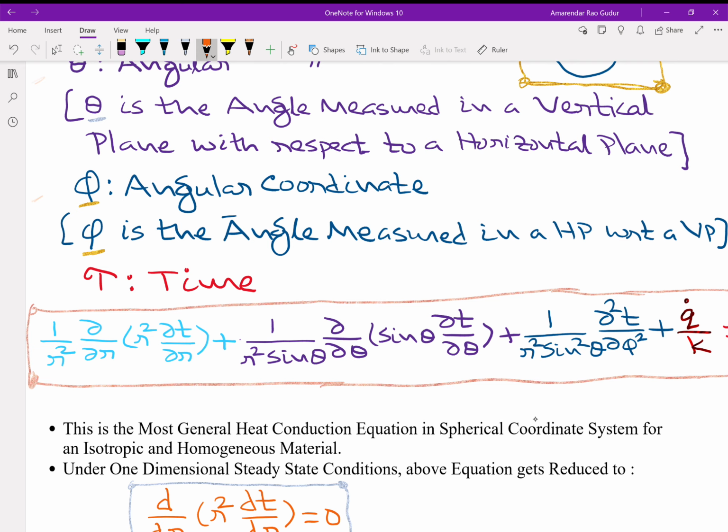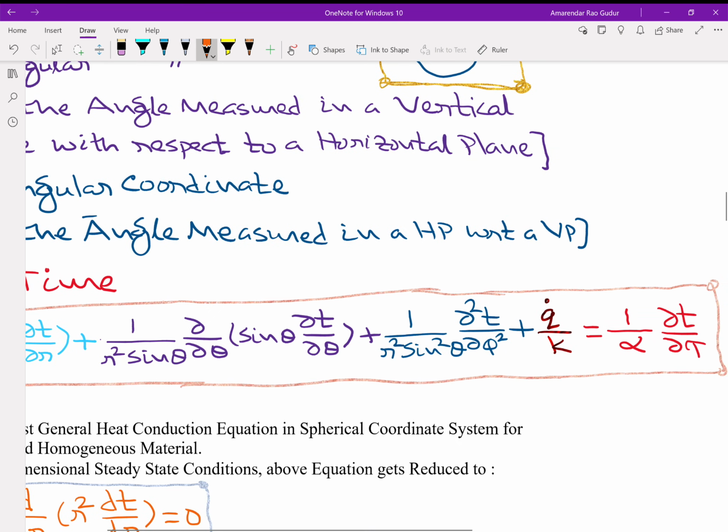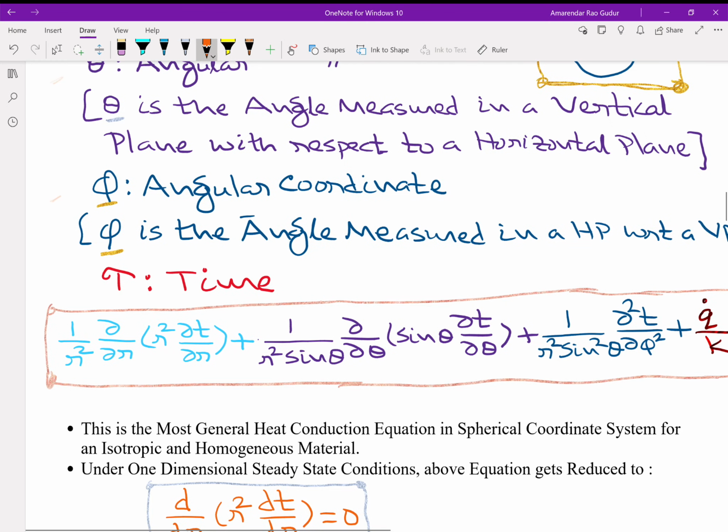This is the component accounting for theta conduction, plus 1 by r square sin square theta del square T by del phi square is the component which takes care of phi conduction, plus q dot by k, where q dot by k accounts for internal heat generation. All of them together should be equal to 1 by alpha del T by del tau. That's the unsteady term. In one of the future sessions, we are going to derive this equation from the basics.